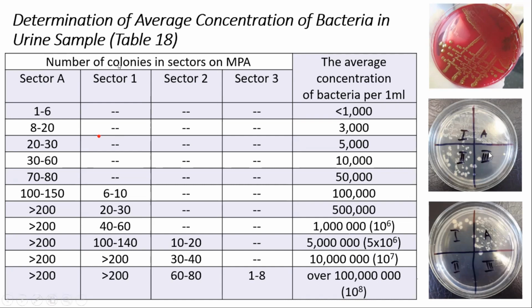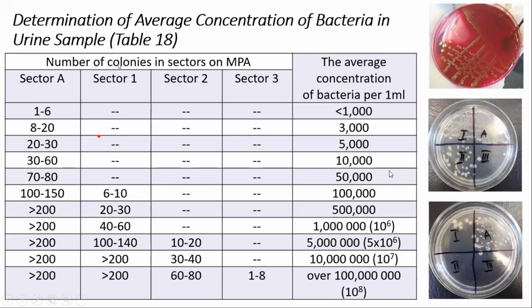In our case, we have much more. We can see 2 colonies in quadrant 3. So it is over 10 to the power 8. It is severe, I would say it is pyuria, pus in urine. So the concentration of bacteria is 10 to the power 8 per milliliter.